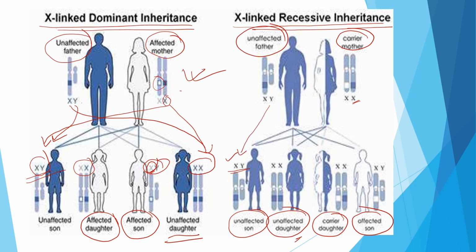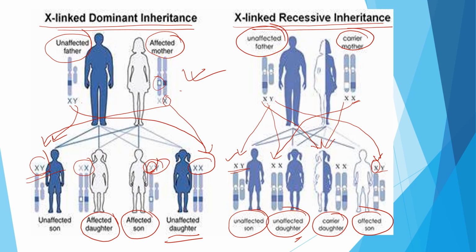This unaffected daughter has got the X chromosome from father and the unaffected one from mother. This carrier one has got the carrier X from mother and the normal gene from father. Now this son has got Y from father and the affected X from mother.